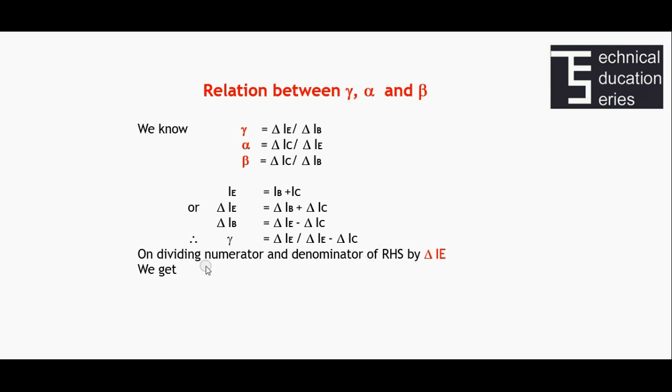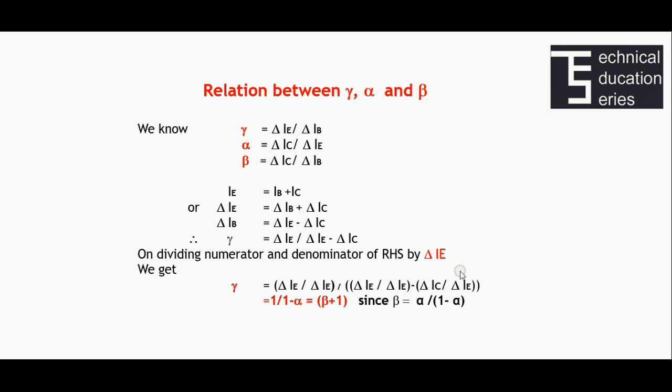So on dividing numerator and denominator of RHS by delta IE, you will get delta IE divided by delta IE, divided by delta IE divided by delta IE minus delta IC divided by delta IE. That is equal to 1 by 1 minus alpha. That is delta IE divided by delta IE is equal to 1. Again delta IE divided by delta IE is equal to 1.